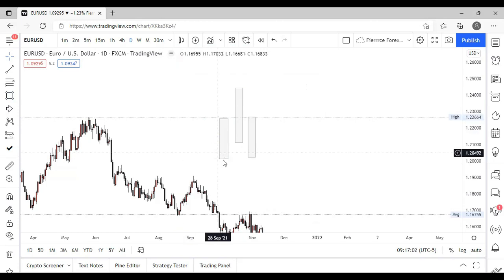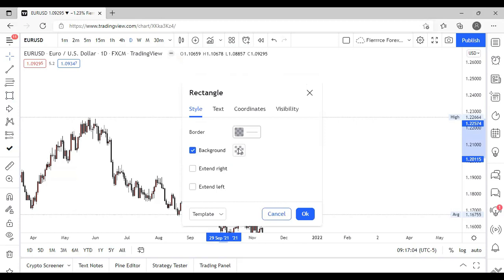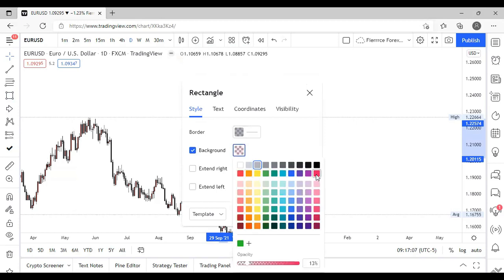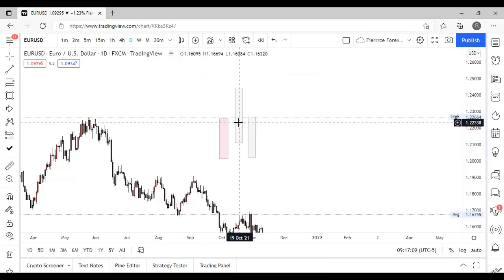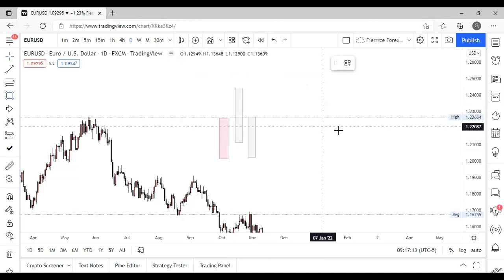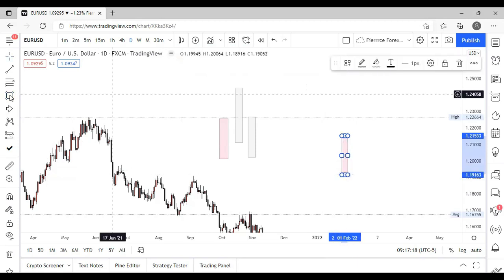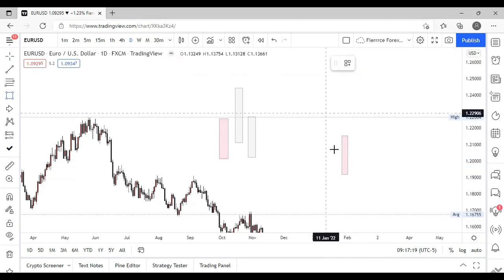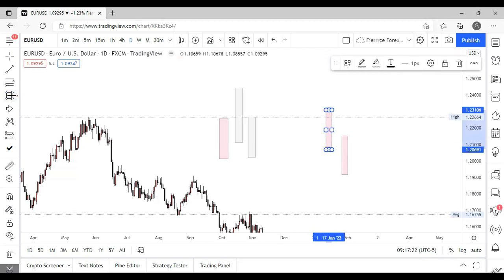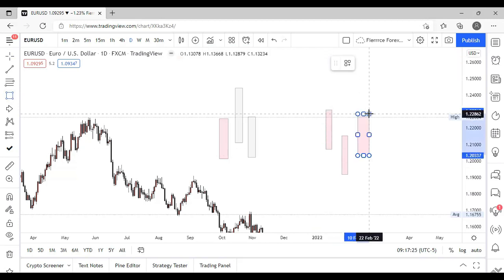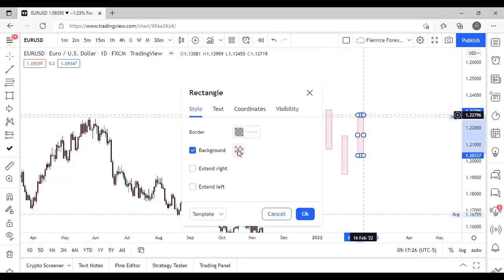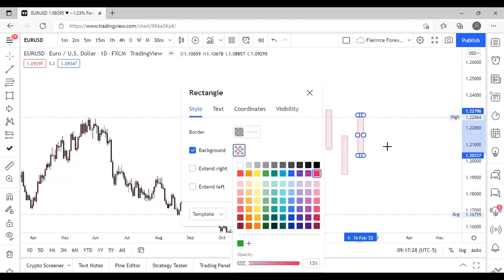So I'm going to make this, then do this, and then this, and then change this back to that.